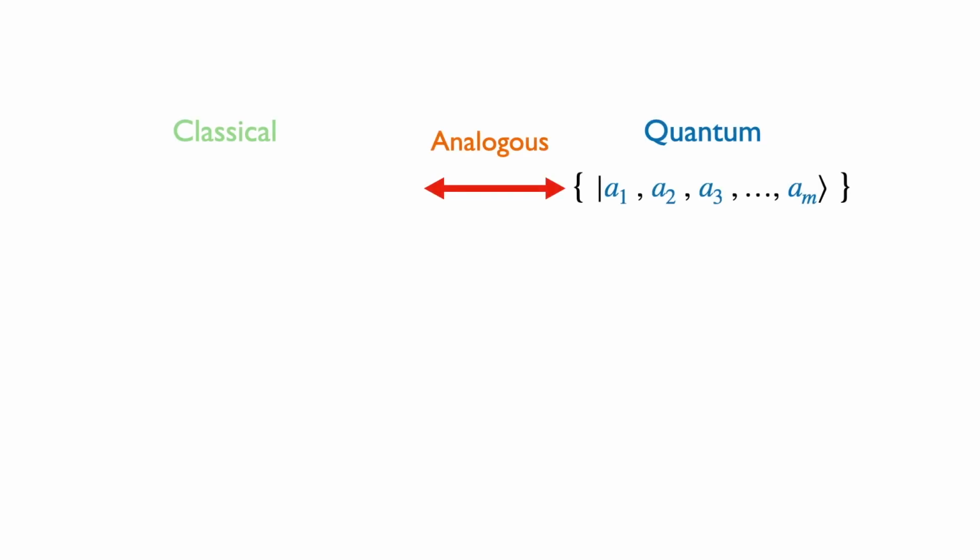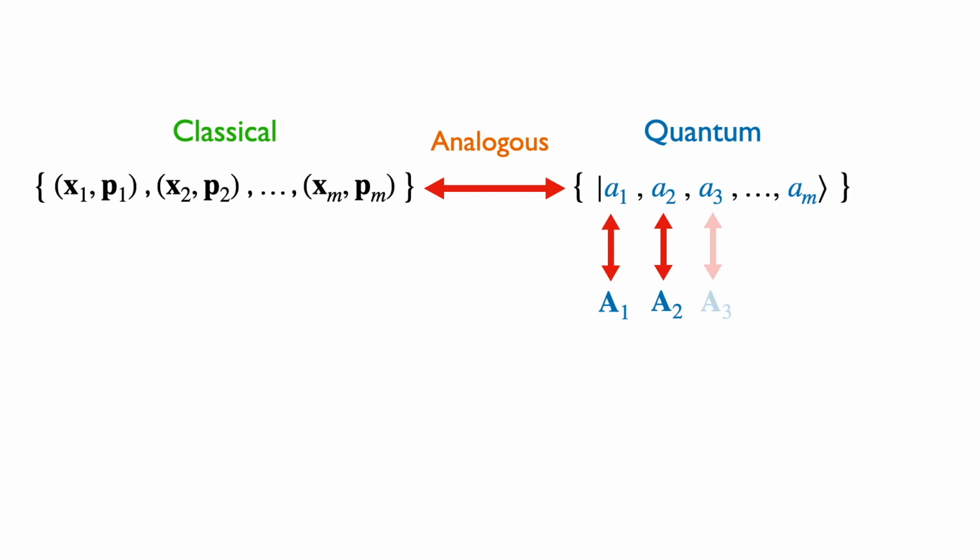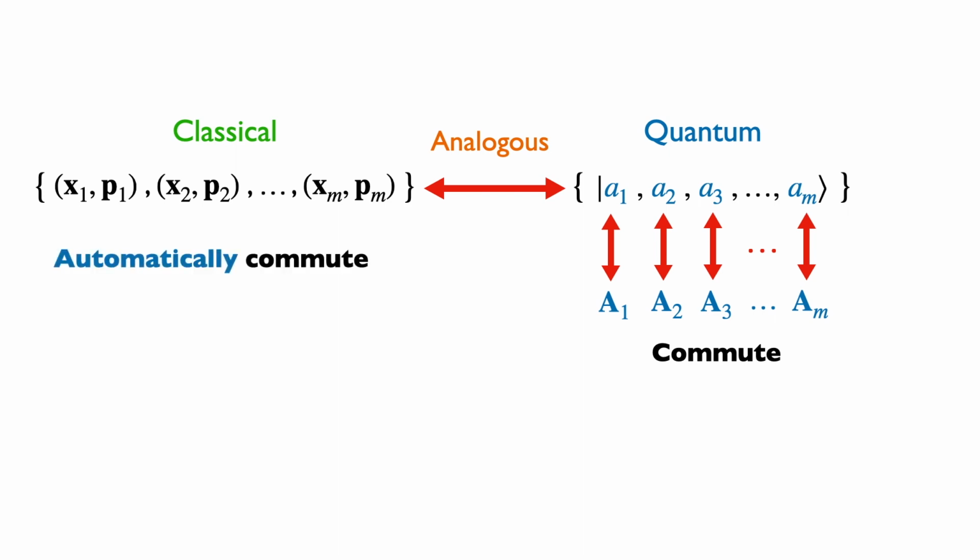We can compare these fully described quantum states with their classical analog. For the quantum case, the set of variables that describe it corresponds to a set of carefully chosen operators, which must commute with each other. Whereas for the classical case, these variables automatically commute as they are represented by just ordinary numbers.